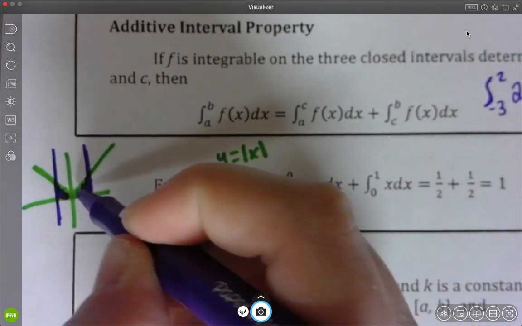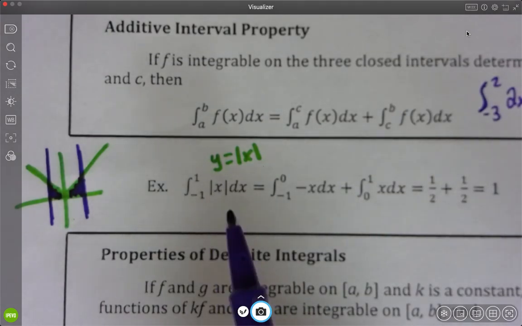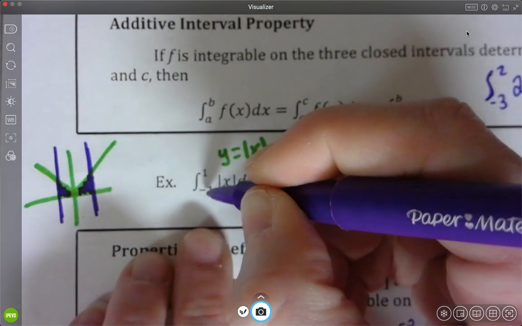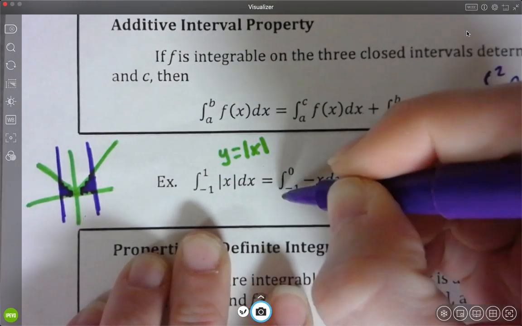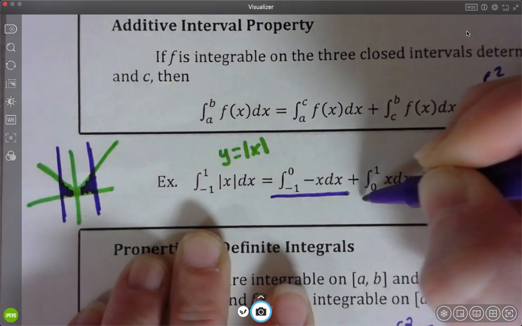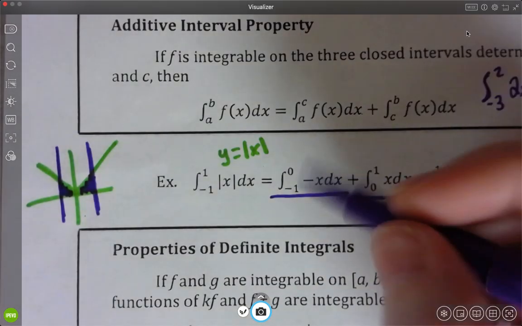So it's basically those two added together, but to take the antiderivative of an absolute value function, we can't do that. So what we will do is, rather than going from -1 to 1, they will go from -1 to 0, and then from 0 to 1, and then add those two areas together, okay? So -1 to 0, 0 to 1.